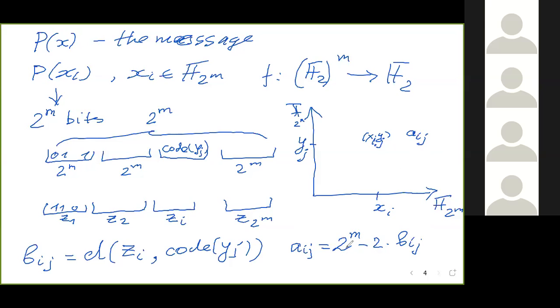Recall that our multiplicities should be non-negative, or better even positive. So if this is positive, then we will take it as the multiplicity. Otherwise, we will take just 0. So the multiplicity is set to this number if positive, and 0 otherwise.